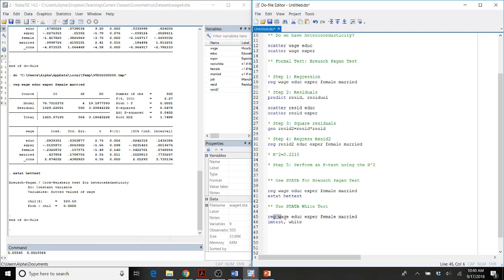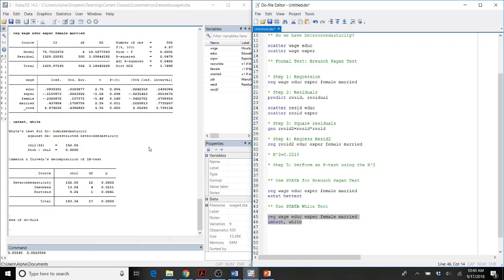All right, so we're going to run this. This is a White test, just another test. And here's the White test. Null hypothesis is homoskedasticity. Alternative hypothesis is heteroskedasticity. The p-value is very small, and therefore we can safely conclude that we have very strong evidence to suggest that there's heteroskedasticity in this model.